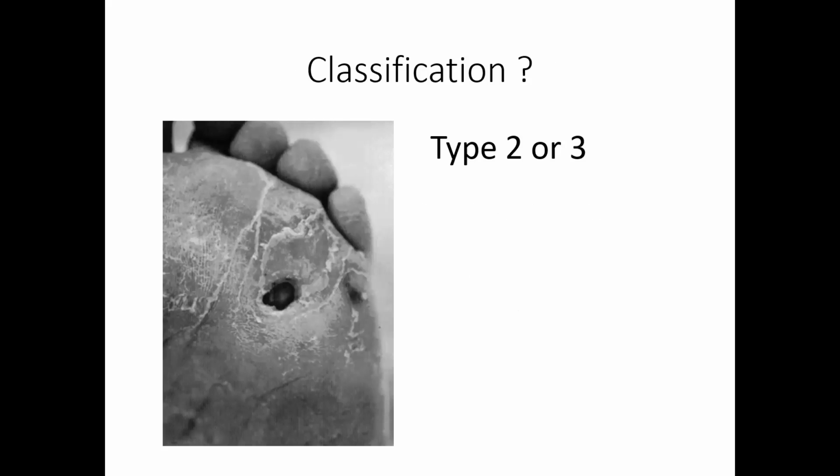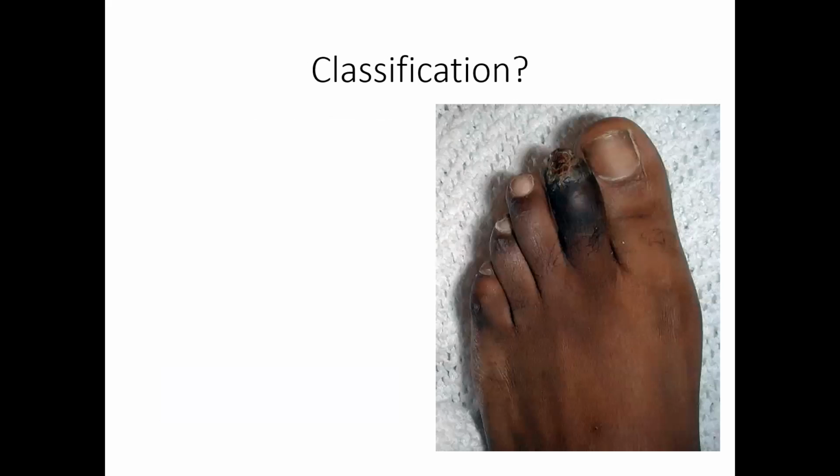We have to see whether it is 2 or 3 by probing and seeing whether it is deep down to the bone, and whether there is osteomyelitis or abscess formation. Now, what class of ulcer would you label this foot? Class 4, okay, because you can see clear-cut gangrene over here.